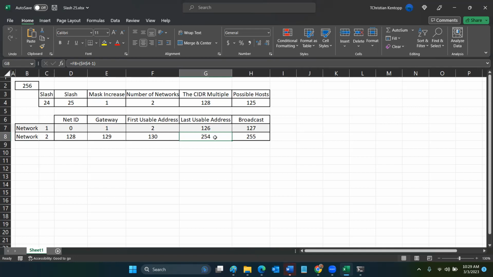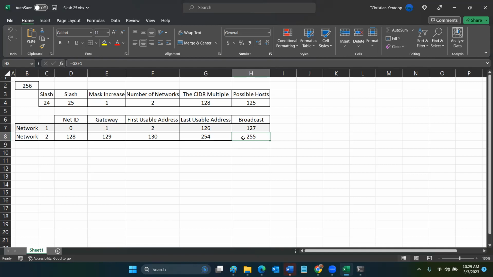The last usable address for any network device, host, system, game console, smart TV, Alexa, security camera. You get the point I'm making here, right? They all have to share the same broadcast address, the same gateway address, and the same network ID if they're going to be in the same network.